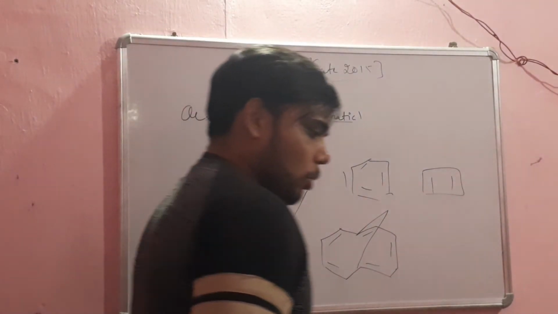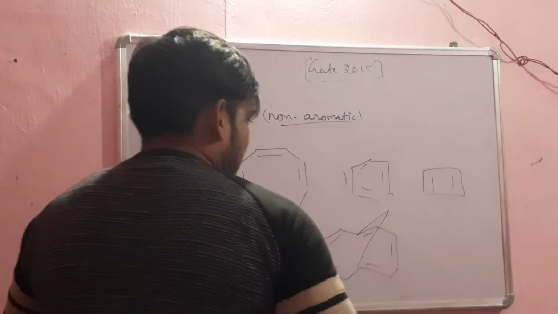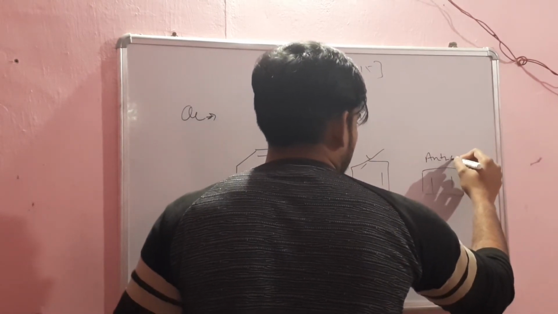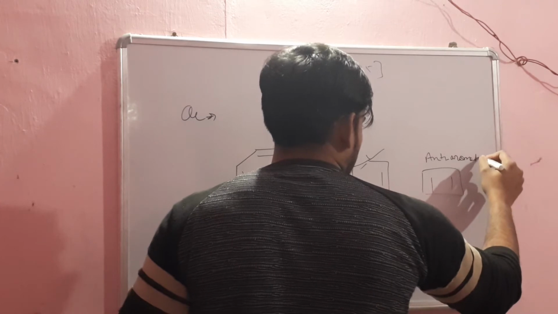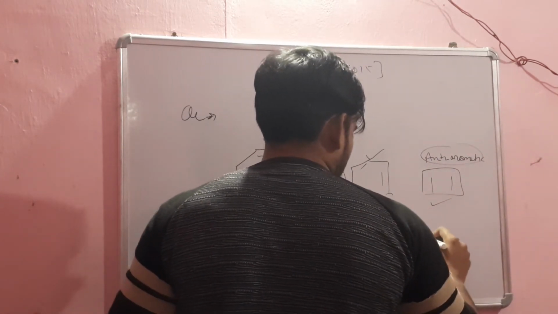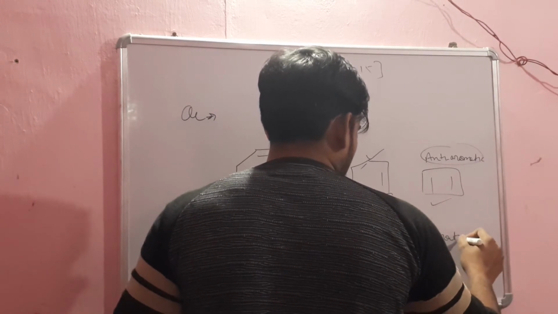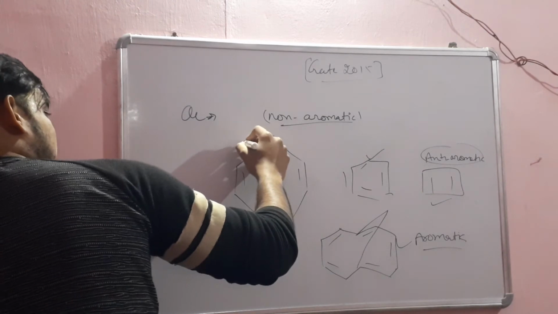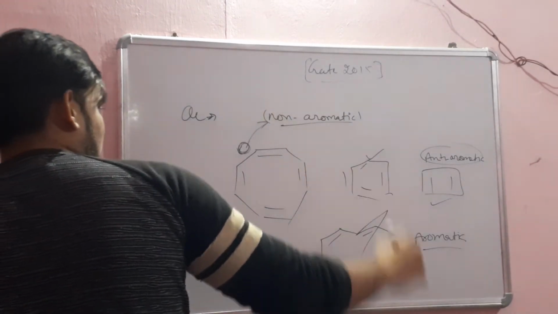Non-aromatic. You know that this is aromatic, this is anti-aromatic, this is anti-aromatic, and this is also aromatic, because you have 6 pi system here. So this one is your option which is non-aromatic.